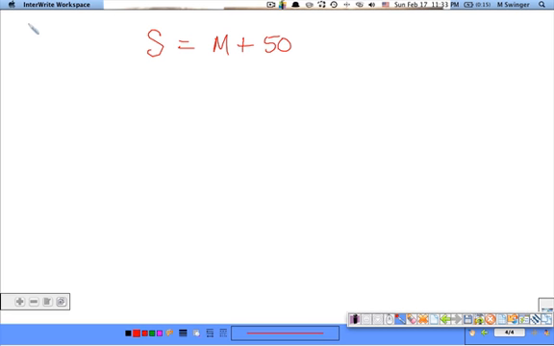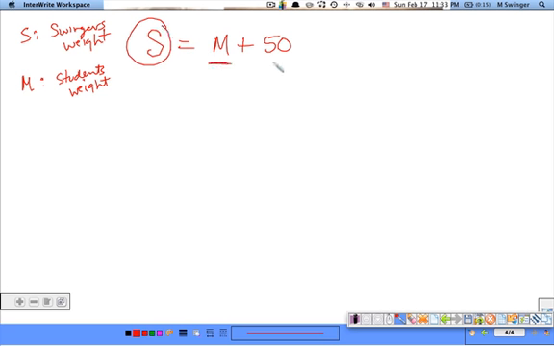So S is Swinger's weight, and M is the student's weight. I'm just making this up. So my weight is equal to one of your weights plus 50 kilos, we'll say.